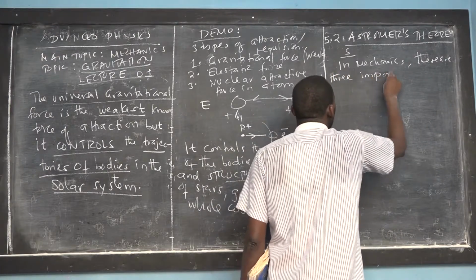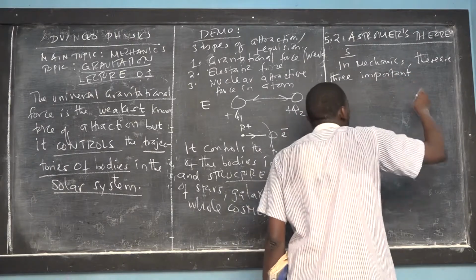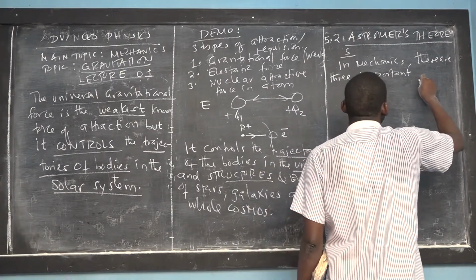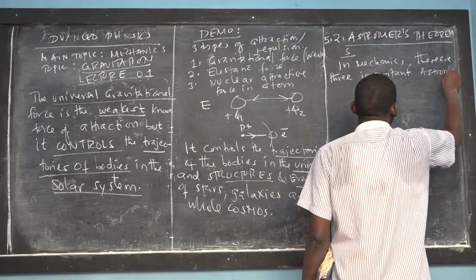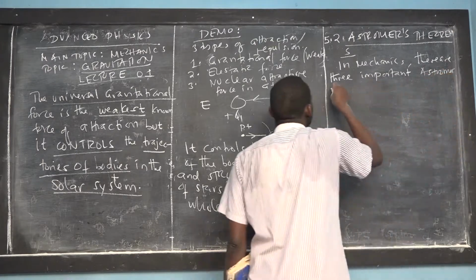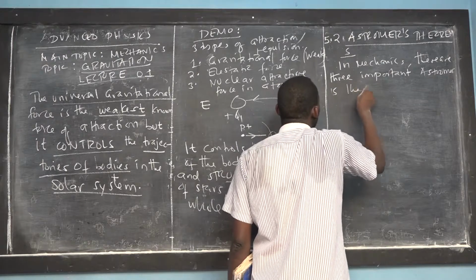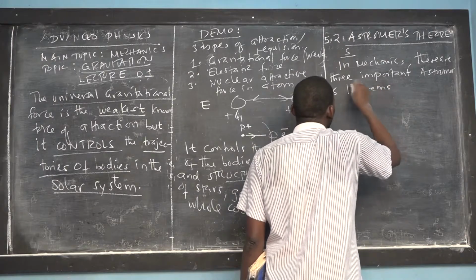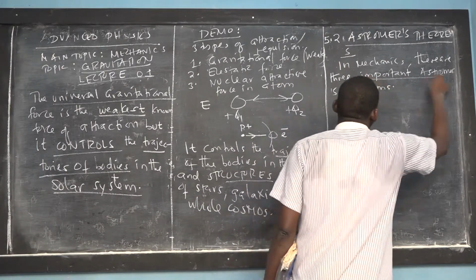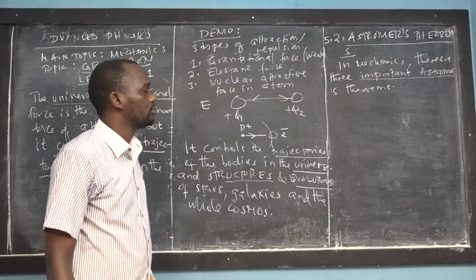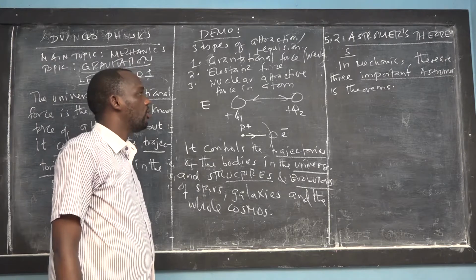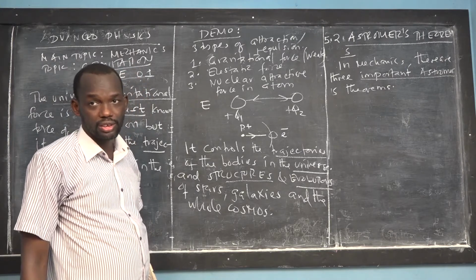So we say that in mechanics, when you say mechanics and gravitation, there are three important astronomers' theorems. And why do we call them so important? Because these are the first physicists who did studies on the subject of astronomy.